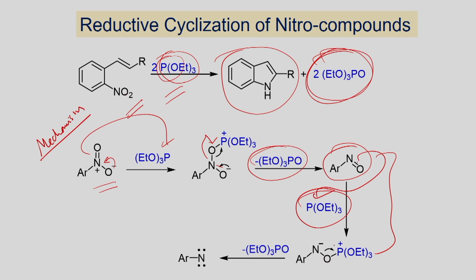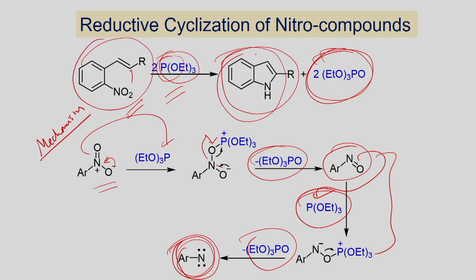Now this also can lose triethyl phosphate, and then you will be able to form the nitrene as the intermediate. So in this reaction, you form nitrene as the intermediate. Once you form this one, it can undergo insertion with this alkene, and you make this indole as the compound.